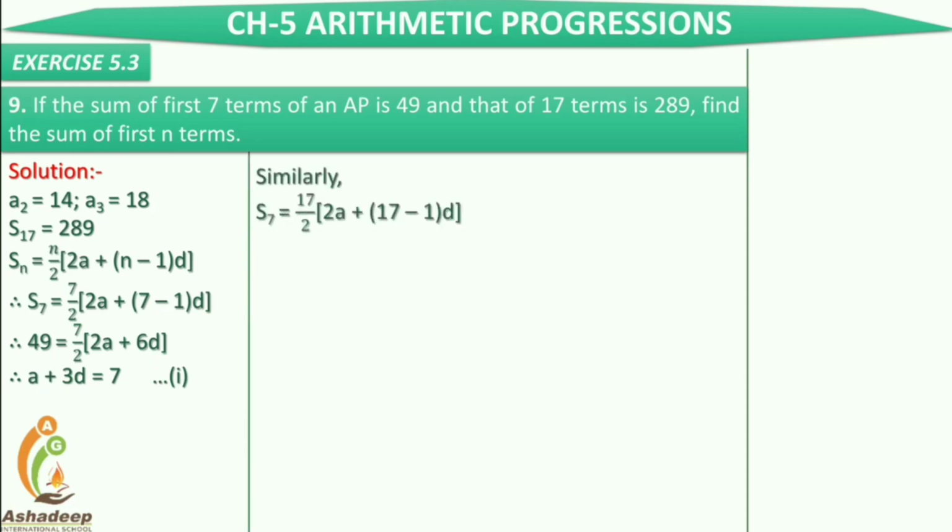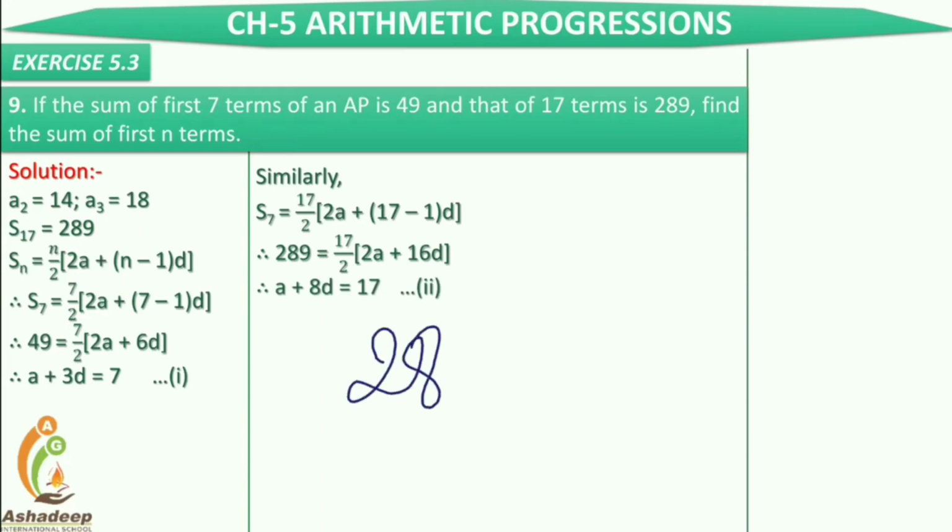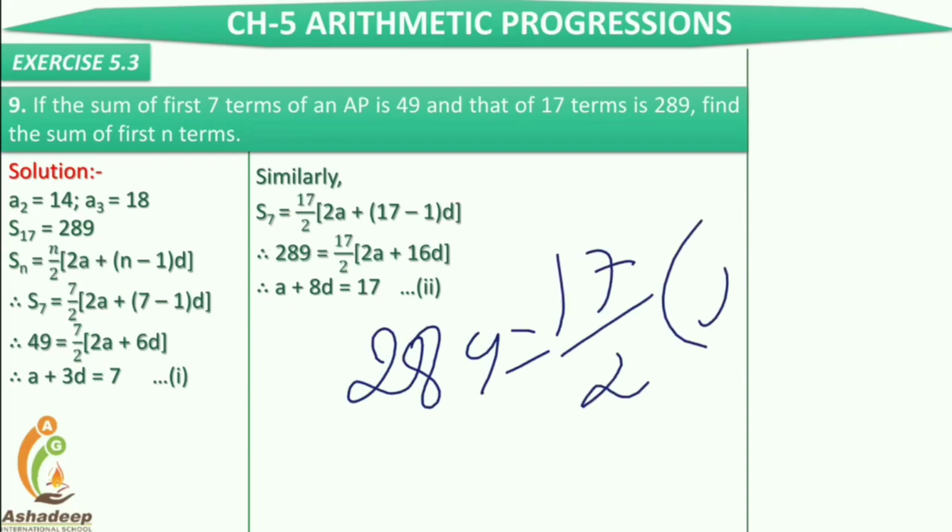Now similarly, this is S17, right? So S17 is nothing but the 289. It is nothing but 289 is equal to 17 by 2 into 2a plus 16d, right? If you can solve this, so simple. So 289 is equal to 17 by 2, 2a plus 16d.